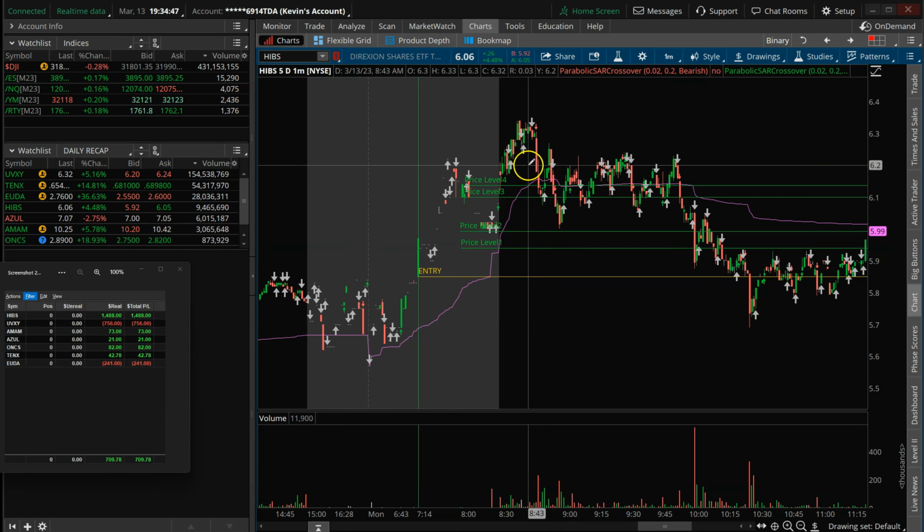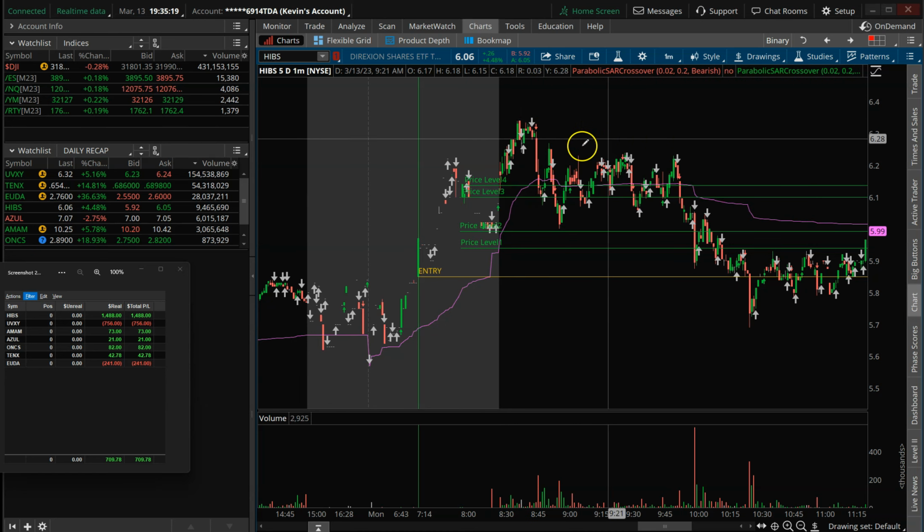If I have a cluster of levels close to each other, once I hit level 1, I'll wait and see how it reacts to level 2. You can see in this case, once it hit level 1, it just pretty much blasted to level 2, and from there it went to level 3 and level 4. If it goes to level 1 and starts to fail and go sideways, I'll either take my profit, or I will hold on to the position, trying to get level 2, 3, and 4.